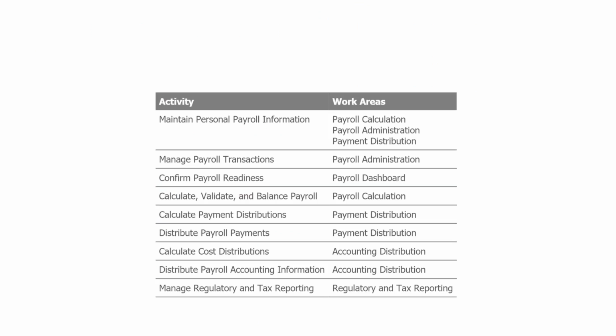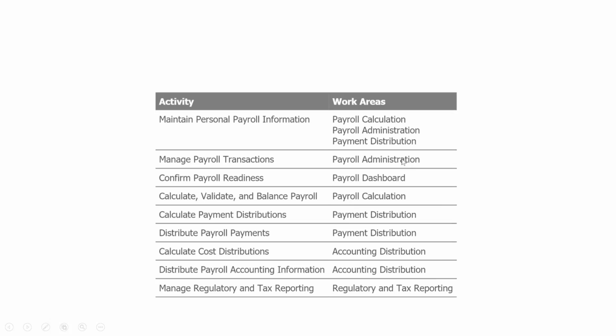If you are not using financials, then you don't need the accounting distribution or calculate cost distribution. Most of the time, we don't use manage regulatory or tax reporting for UAE legislation. So the work areas we majorly use are payroll calculation and payroll administration.